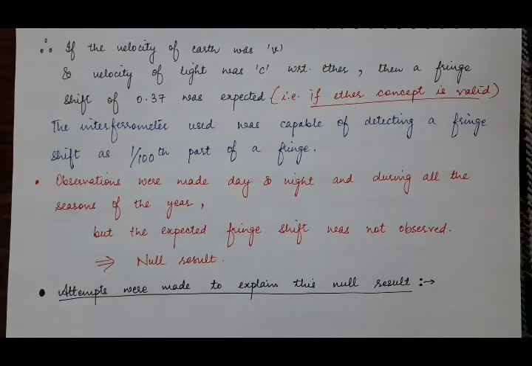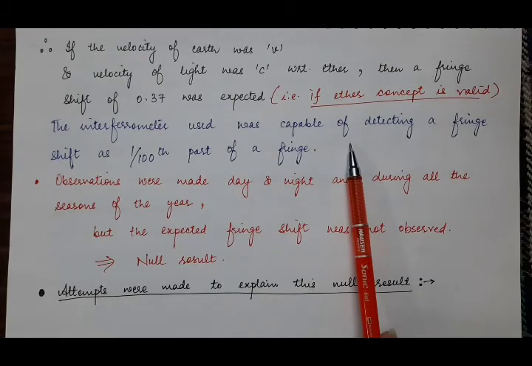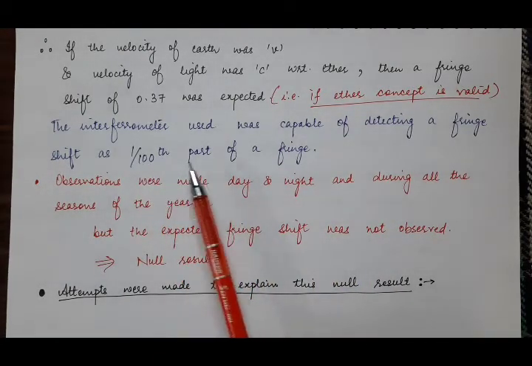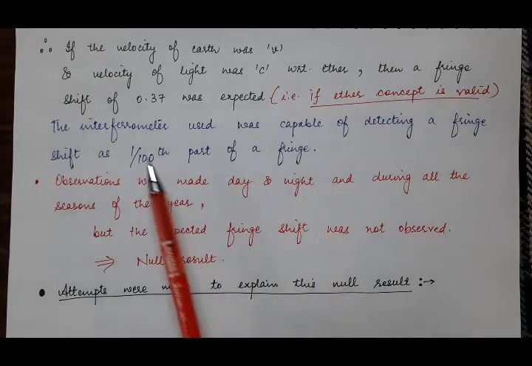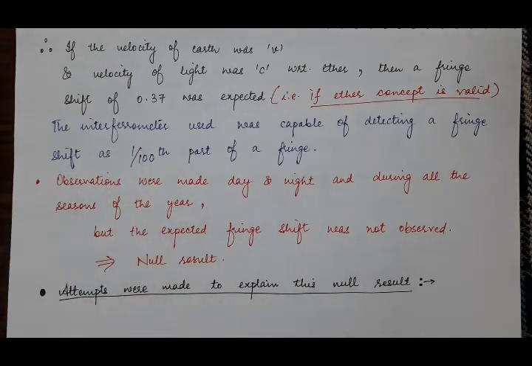The Michelson-Morley interferometer, which was used for the measurement of this fringe shift, was capable of detecting a fringe shift of 1/100th part of a fringe. But this interferometer was unable to detect any fringe shift.